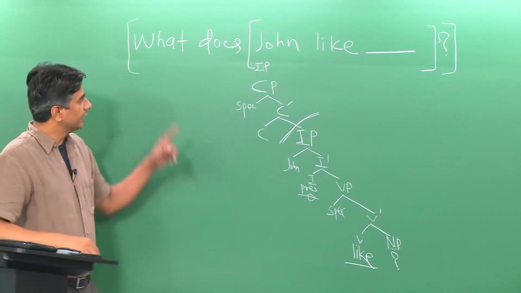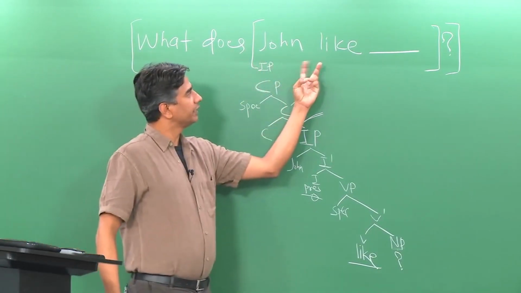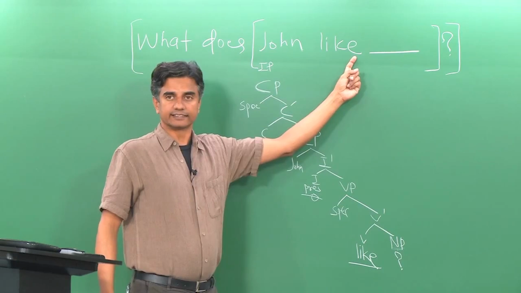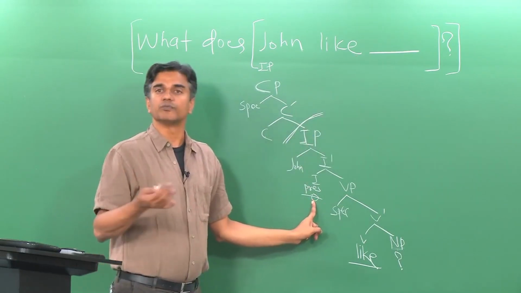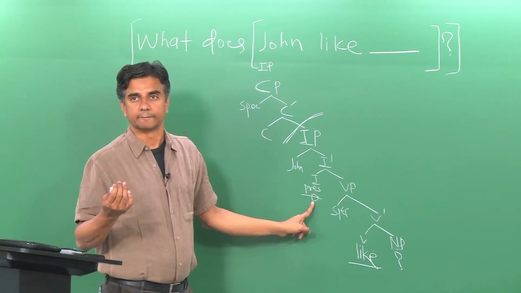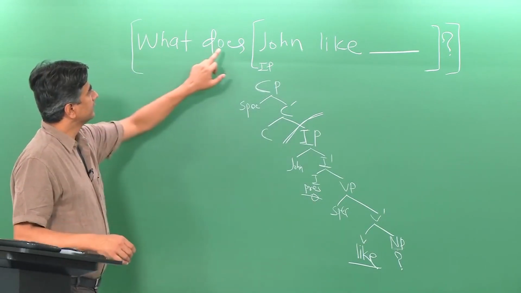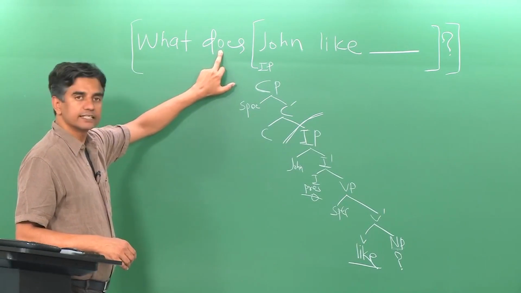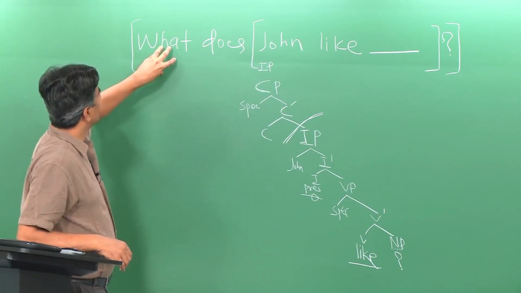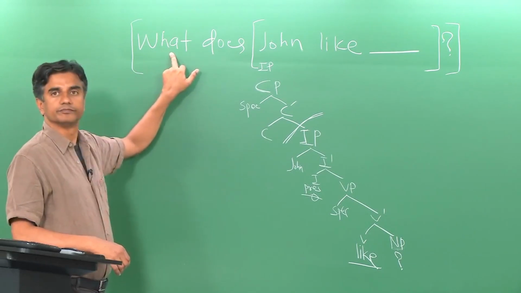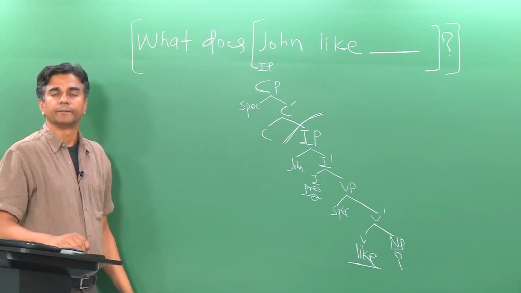So in the bigger sentence, what does John like? The IP does not even contain its tense. It has also moved to some other place. And we see that it has moved, tense has moved here, and the NP that questions the object is what, which is here. Both of them are outside IP.